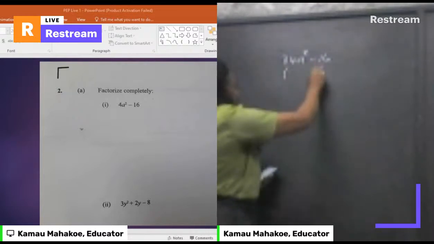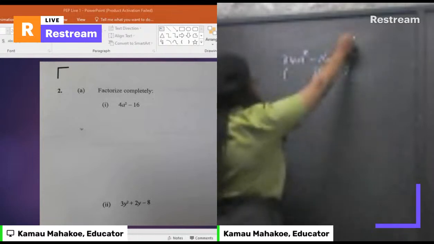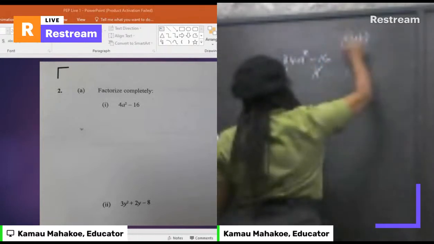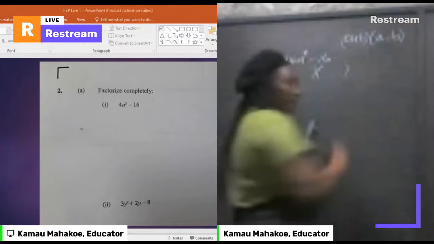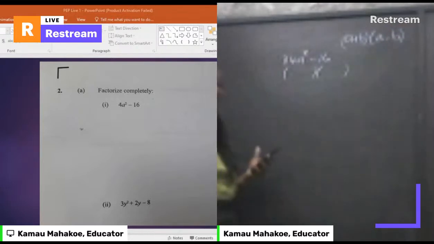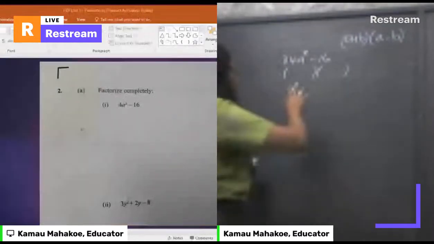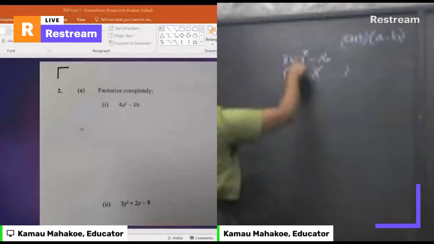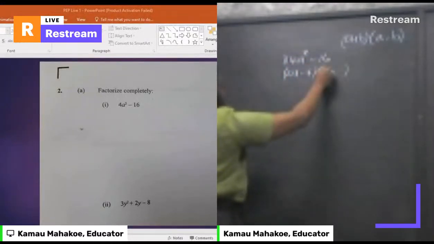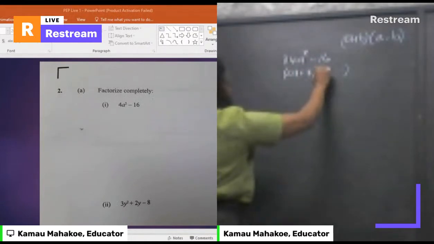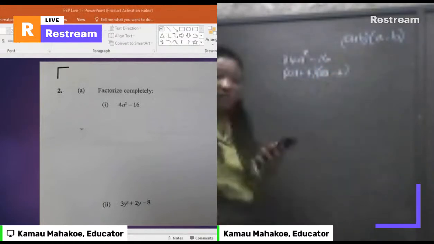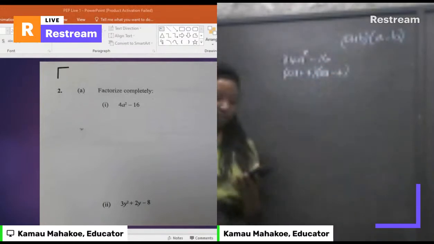To factorize, the difference of squares is (a plus b)(a minus b). We find the square root of each term and put it in the bracket. The square root of 4 is 2, square root of a squared is a, and the square root of 16 is 4. So it's (2a plus 4)(2a minus 4). And that's how we factorize using the difference of squares.